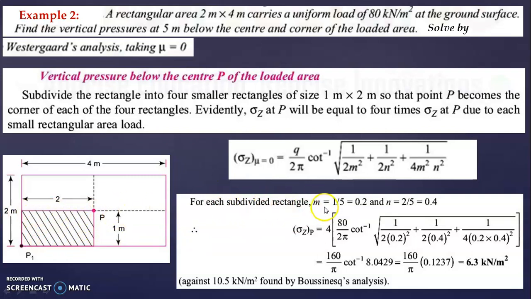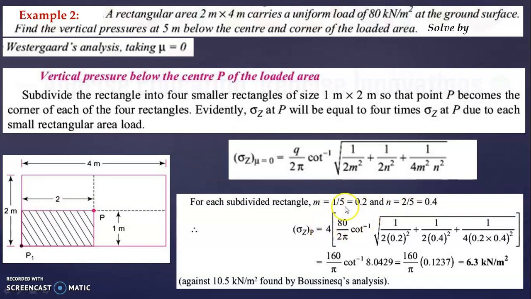So ratio m is equal to a divided by z. What is A? A is equal to 1 and Z is equal to 5 meter, the depth at which we want the vertical pressure. So m is 1 divided by 5. Then n is similarly B divided by Z. B is equal to 2 meter here. 2 divided by 5, so we get 0.4.